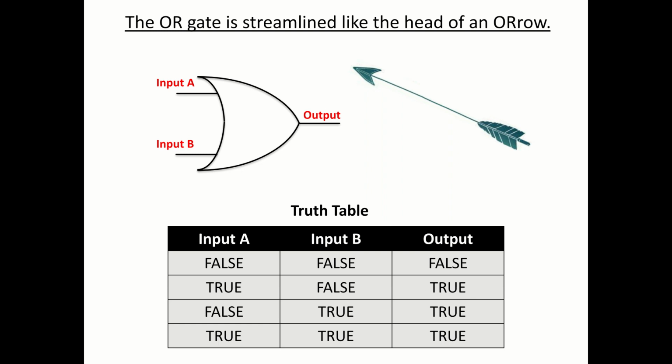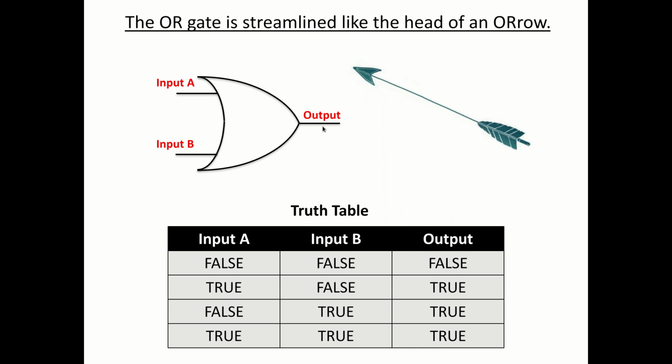Okay, so those are the two logic gates we've looked at so far, AND and OR. There's one other logic gate that I need to introduce you to, and this is a little bit different from the previous two because the two logic gates we've looked at so far both have two inputs. In this case we've got input A and input B, and if A or B are true, the output will be true.